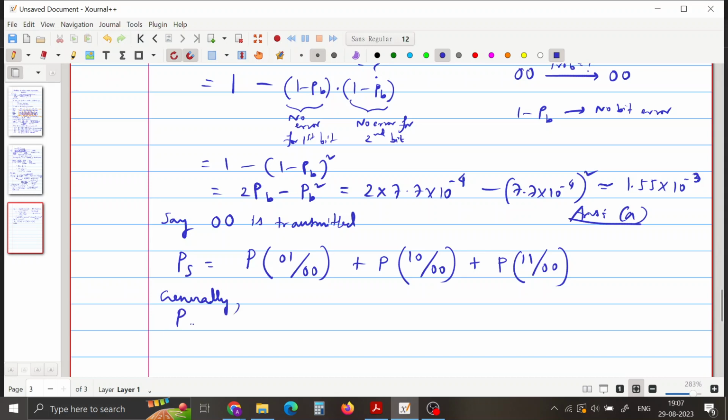Similarly, you can do it in general. If you transmit this, what are the errors? These.